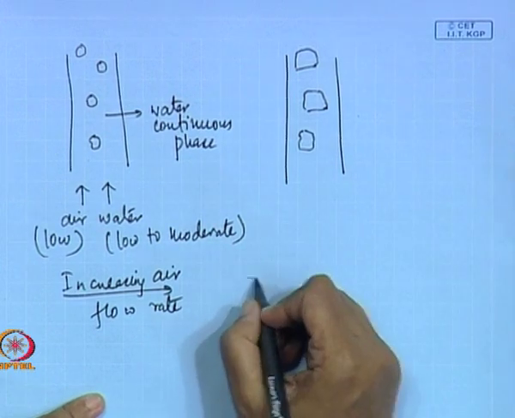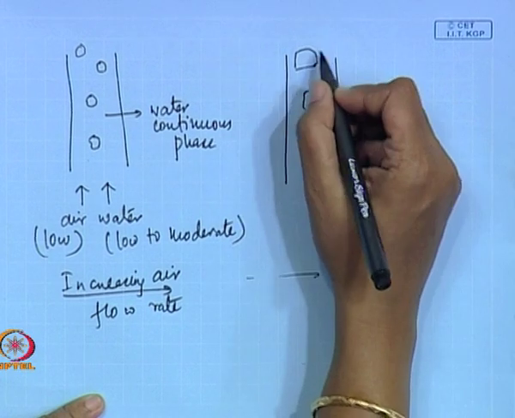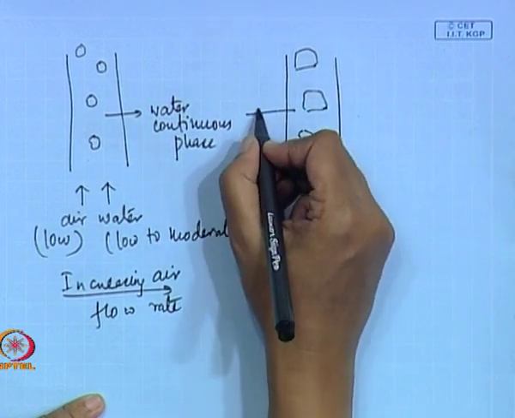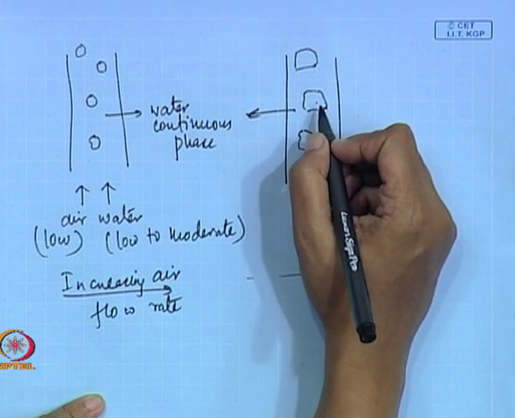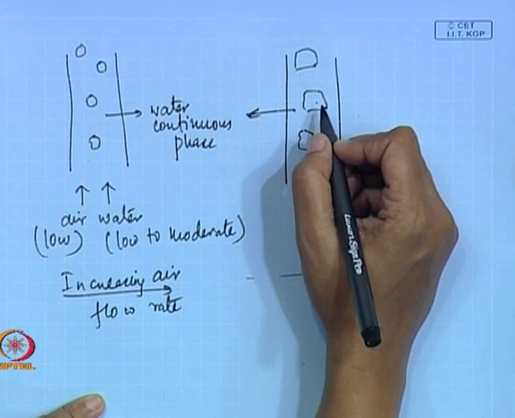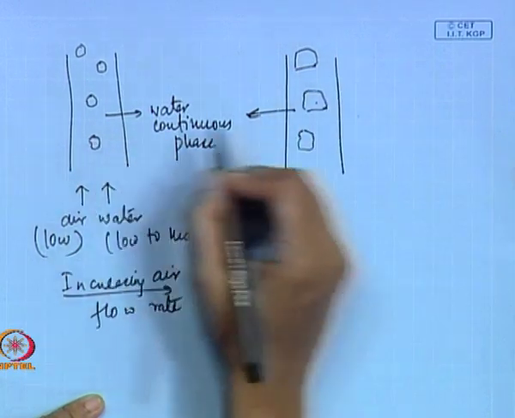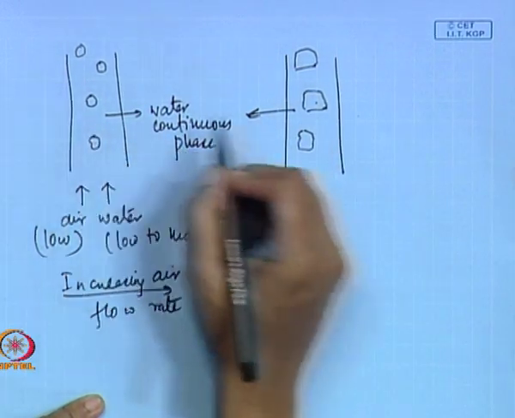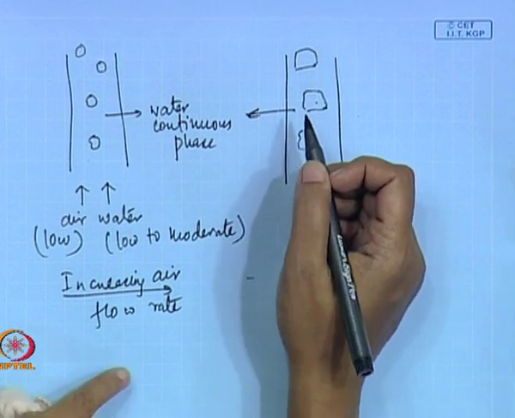Keep on increasing the air flow rate more and more. But in this particular case also we find that water is the continuous phase and gas is the discontinuous phase, more or less uniformly dispersed within the continuous water phase. So, from here to here, the shape of the bubbles has changed, but the basic characteristic remains the same.